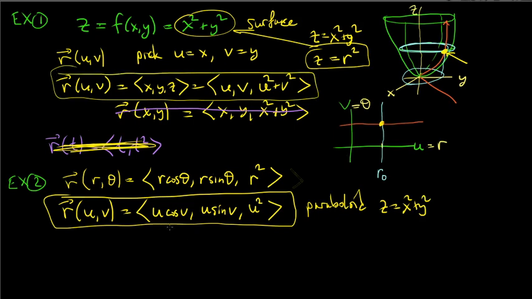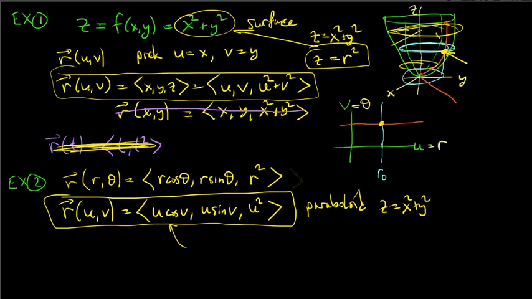But in some sense, this is probably more useful because it tells you where you are on the paraboloid. The u gives you the height above the xy plane, and the v, the angle, tells you where you are along that circle.